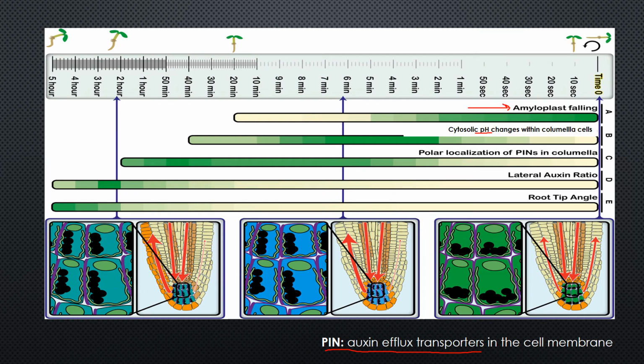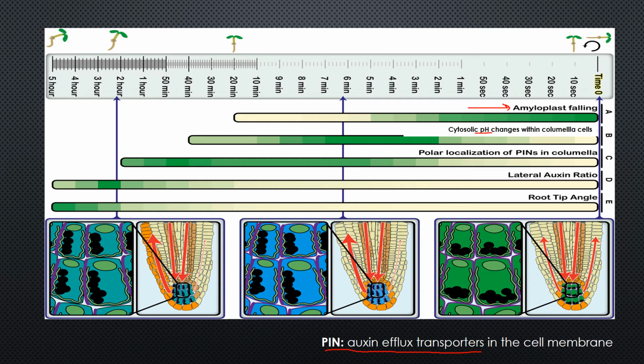So you can see this cascading effect. We have amyloplasts falling, changes in cytosolic pH. We have a polar localization of pins. So what that means is that auxins are being taken out of the cell on one side of that cell and not another. Okay, so this is happening over time, and notice our time, we're basically following the dark green in this image.